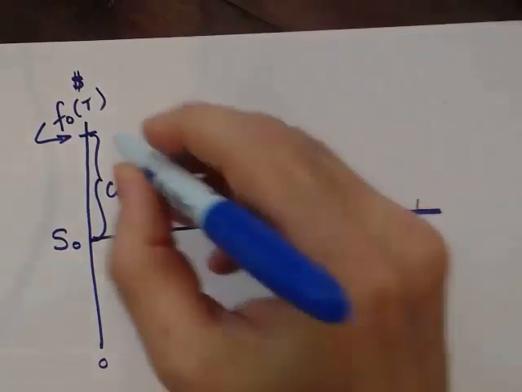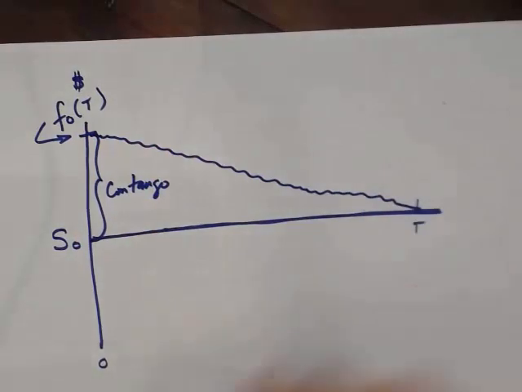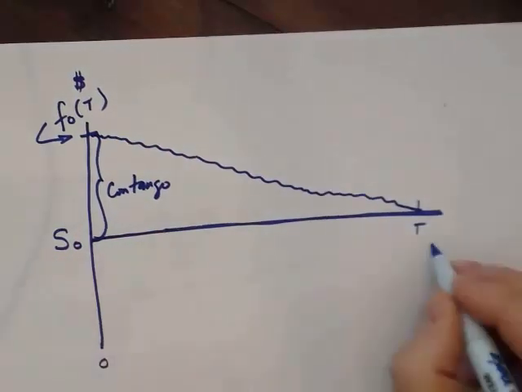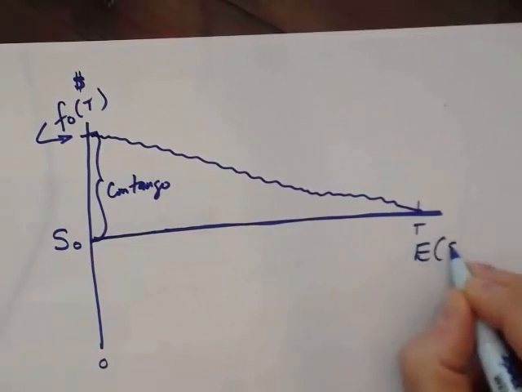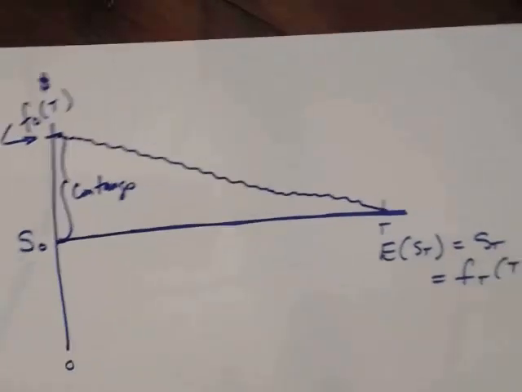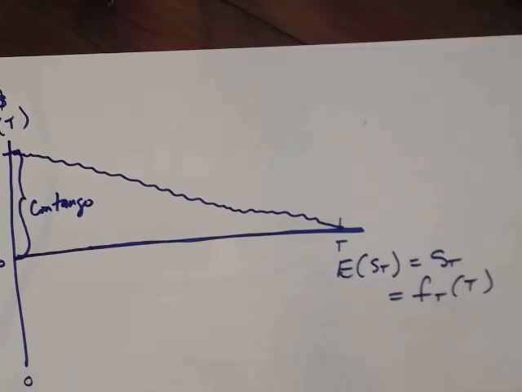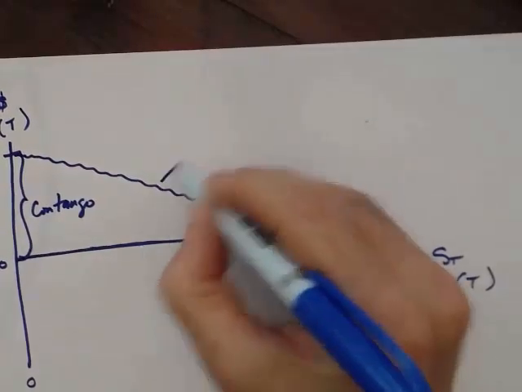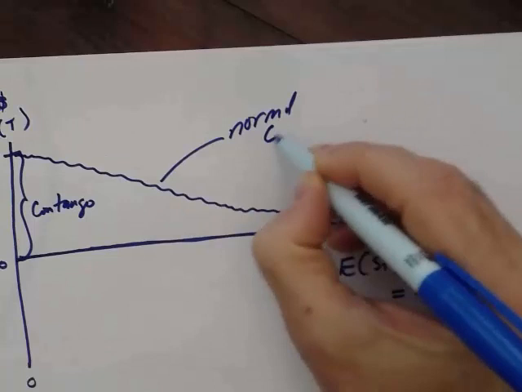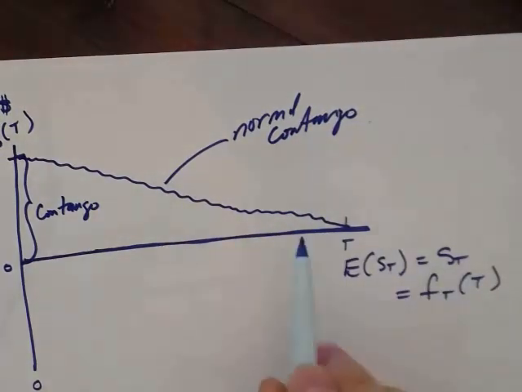Convergence means that over time there's a process where the futures price has to converge to the spot price. It has to. And we also said that the expected spot price has to equal the spot price, and it has to equal the futures price. All these numbers must line up at this time T, convergence. And so this process is called normal contango.